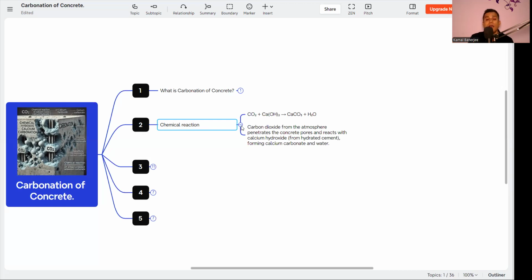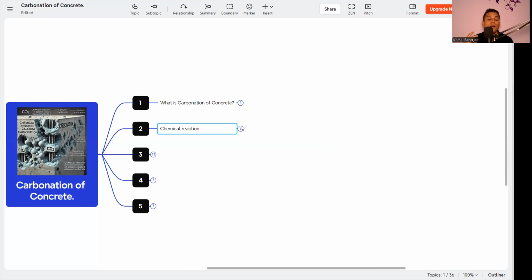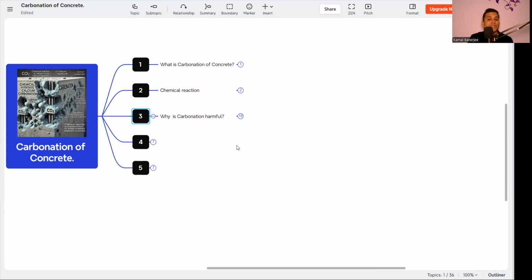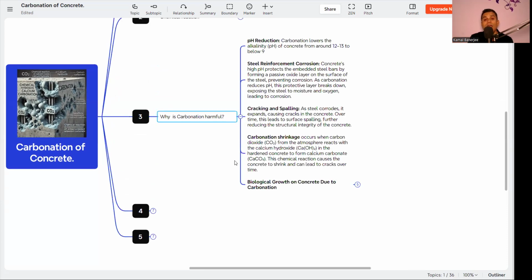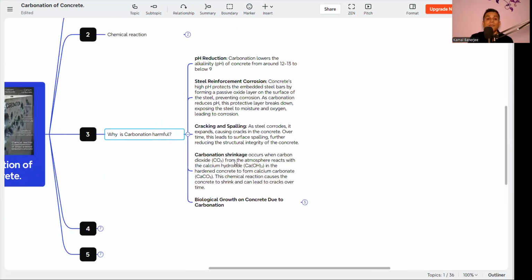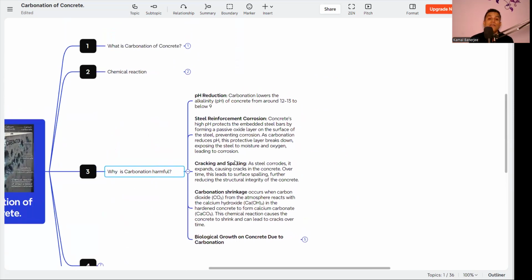Now, why are we thinking about this? This process can happen, but it has a detrimental effect on the concrete. That is why carbonation is very much harmful. So, what will happen if carbonation of concrete is happening? First is the pH reduction.